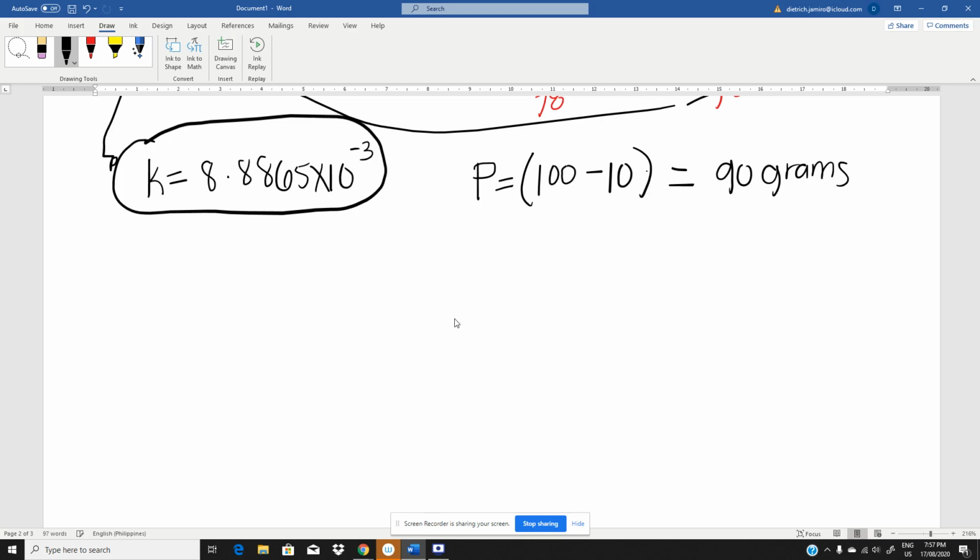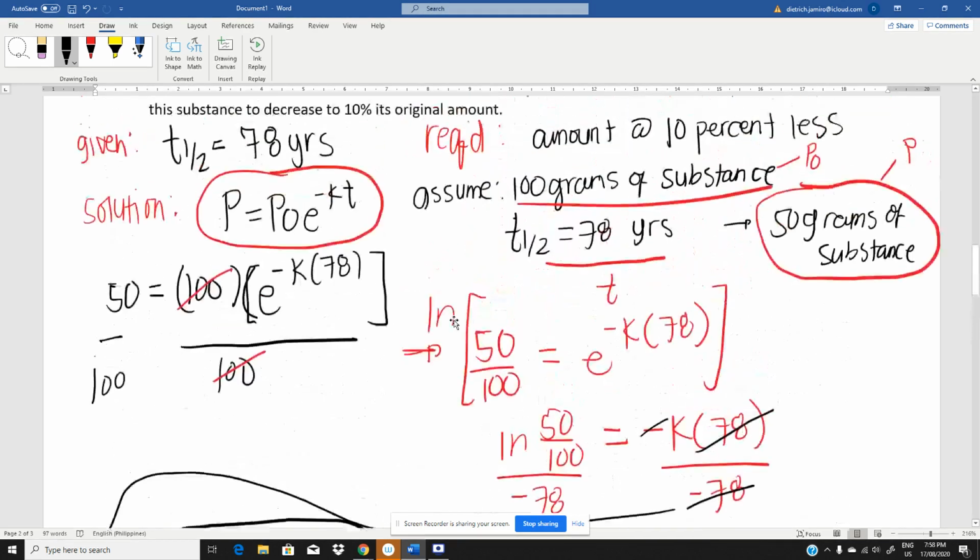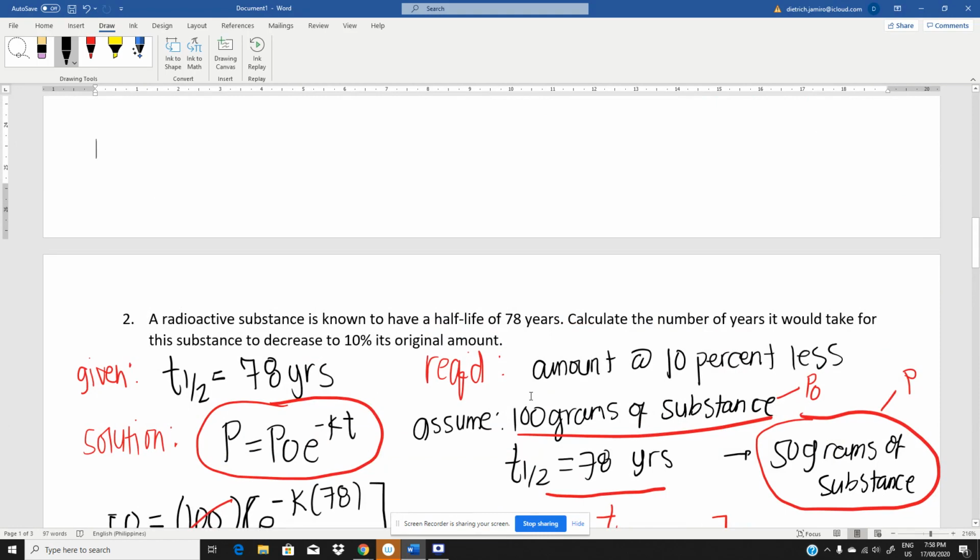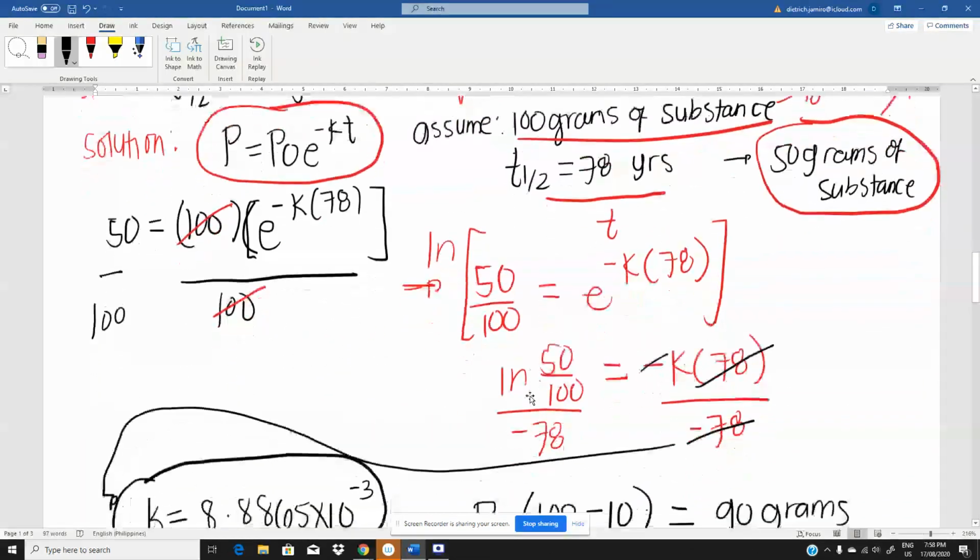Our P sub O is still the same, 100 grams, our assumed value, and our constant of proportionality is 8.8865 times 10 raised to negative 3. And we are asked to find the time it takes to decrease to 10% of its original amount.